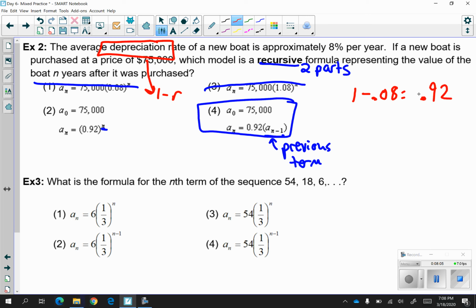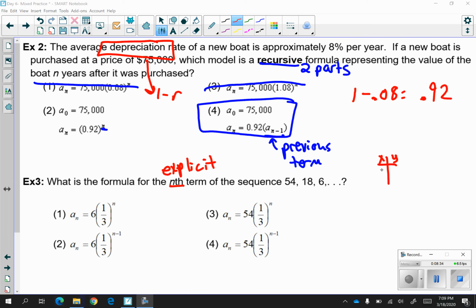In example 3, we know that we're talking about the explicit formula because it says the nth term, also because all answer choices have 1 piece of information. So they're asking you which one is the nth term for the following sequence. Now, because this is explicit, you could just put all of them in your calculator.